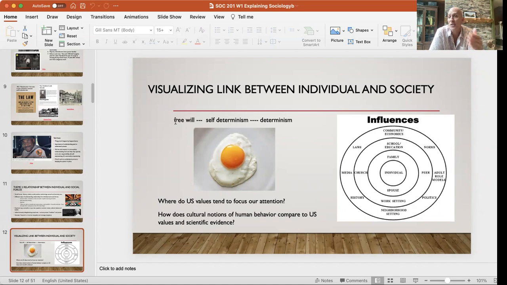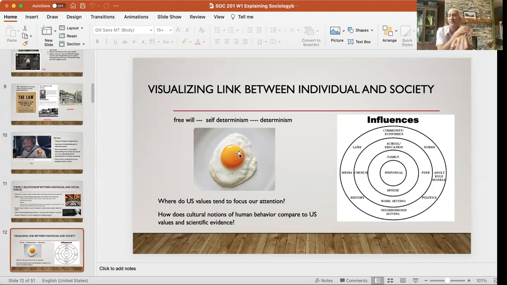Your class position, gender, and race provide different opportunities, different consequences, different support systems, different realities that people live in based on their status position. So it's about the individual within context making choices. That's self-determinism. We're looking at the interplay between the individual and all these other influences, from the micro level all the way to the macro level.